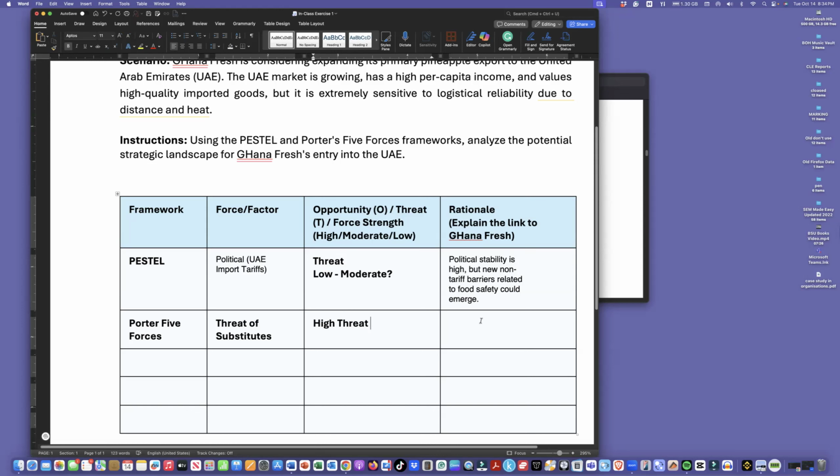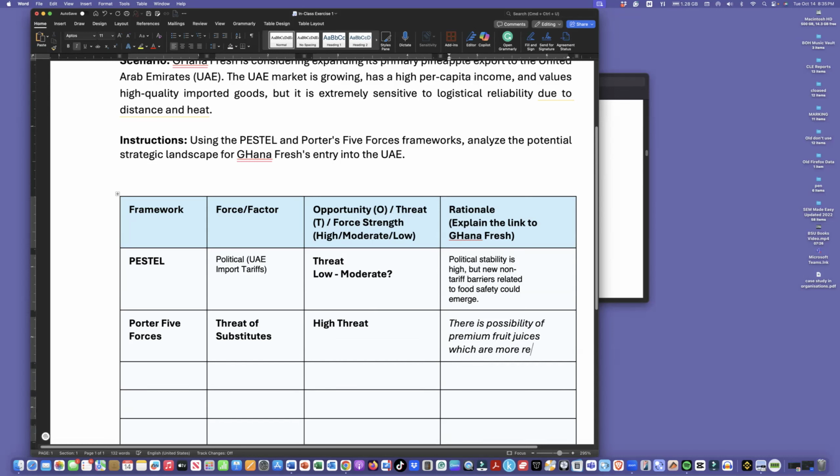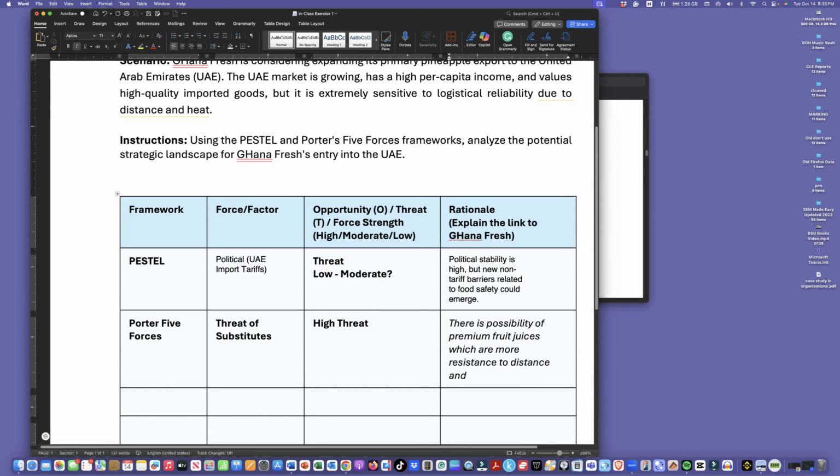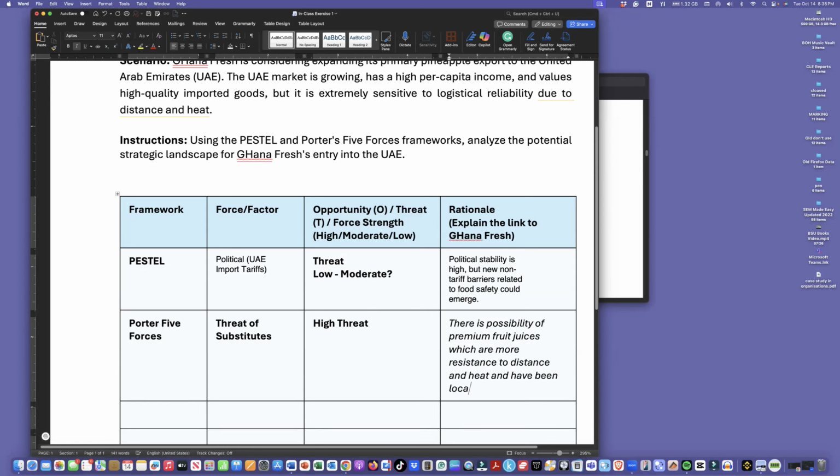It's a high threat, and I also think that is because there is a possibility of premium fruit juices which are more resistant to distance and heat and have been locally produced.